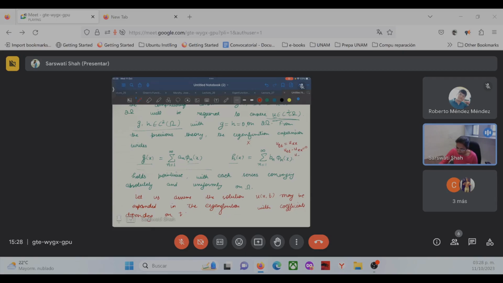If we assume u = X(t) h(x), just keep in mind the way we proceed. We are going to get X''(t) over X(t) equals h''(x) over h(x), and this is equal to some eigenvalue lambda.